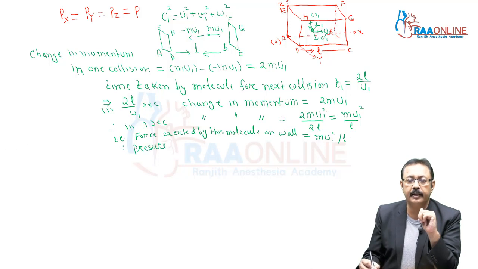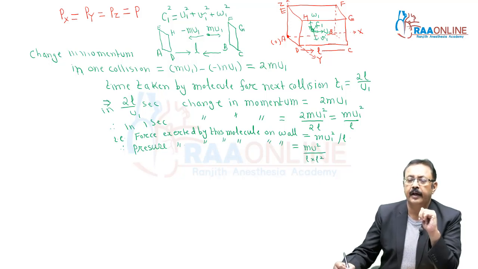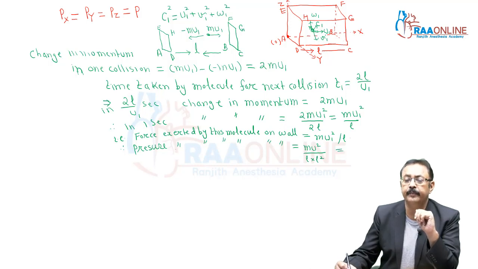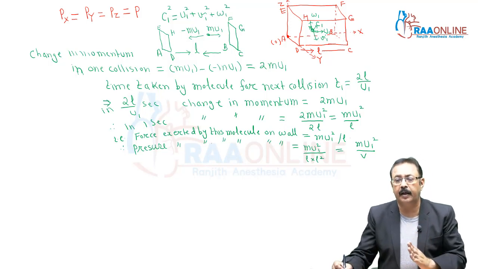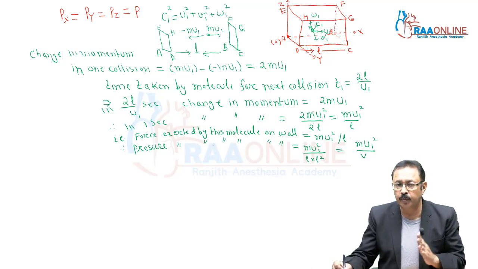Therefore, the pressure exerted by this molecule on the wall is this divided by area; area is L square and L cube is volume, so it should be mu1 square by V.